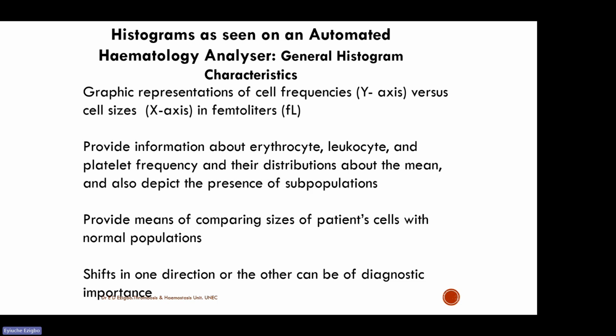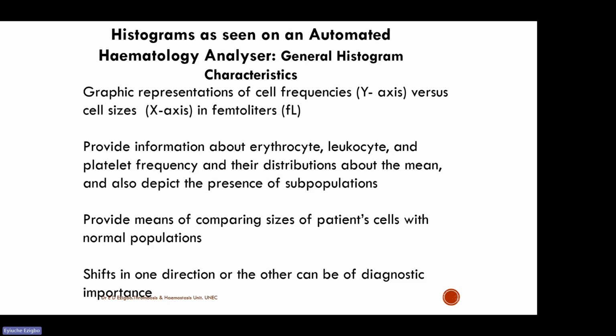So these hematologic analyzers sometimes use graphic representations of frequencies, the histogram as seen on an automated hematology analyzer. General histogram characteristics: the histogram is a graphic representation of cell frequency versus cell size, with the x-axis in femtoliters. The y-axis represents the frequency, that is the number.